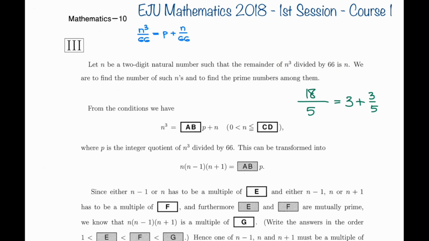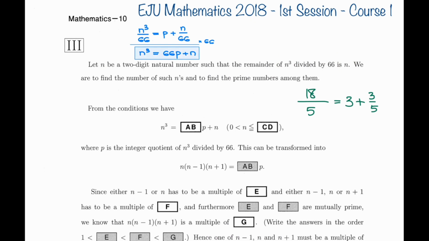If I multiply all the terms by 66, then I will get n cubed equals 66p plus n. I think this is my first answer.